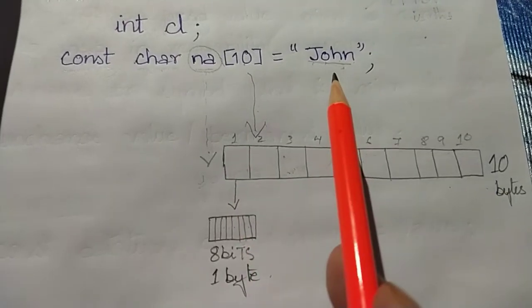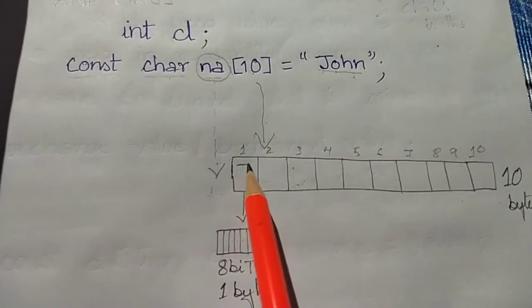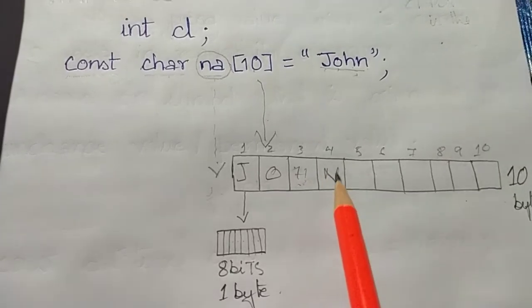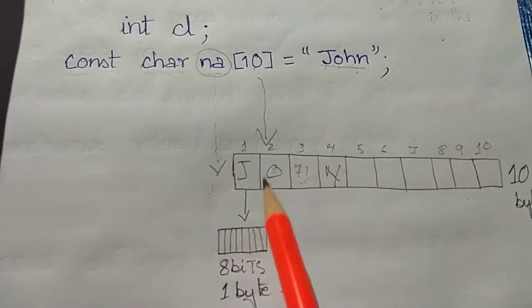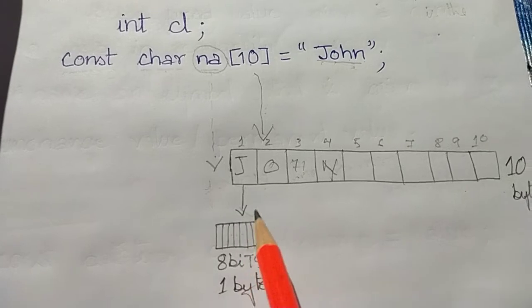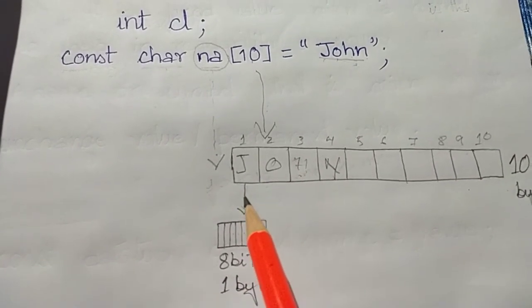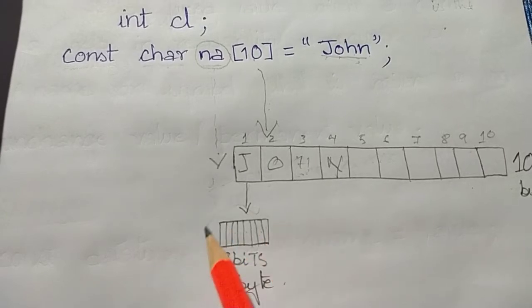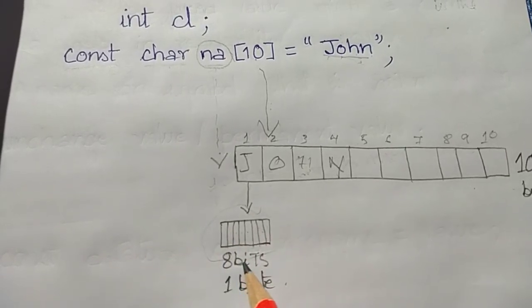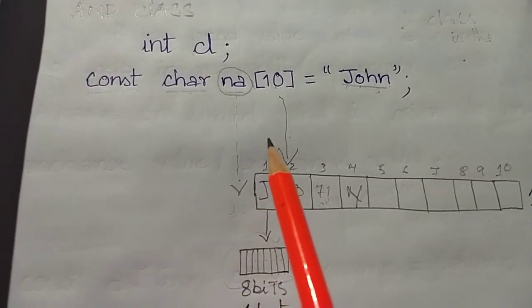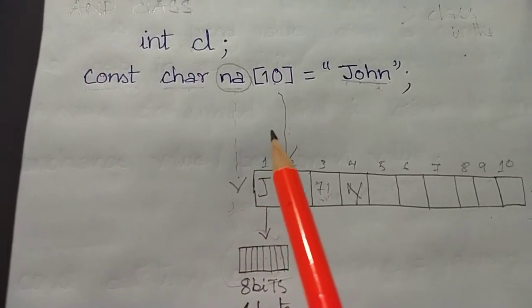For example, this name over here will be JOHN. And remember, 1 byte is how many bits? 8 bits. So this value J will get converted to a binary digit and stored in the 8 bits or 1 byte. Just like in a variable, same thing for the constant.